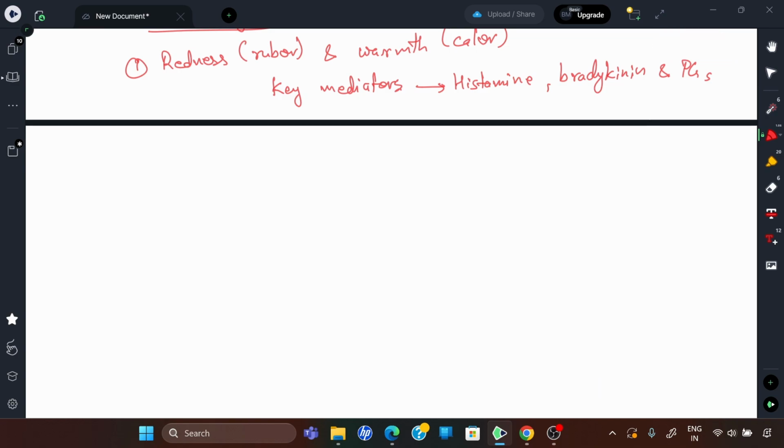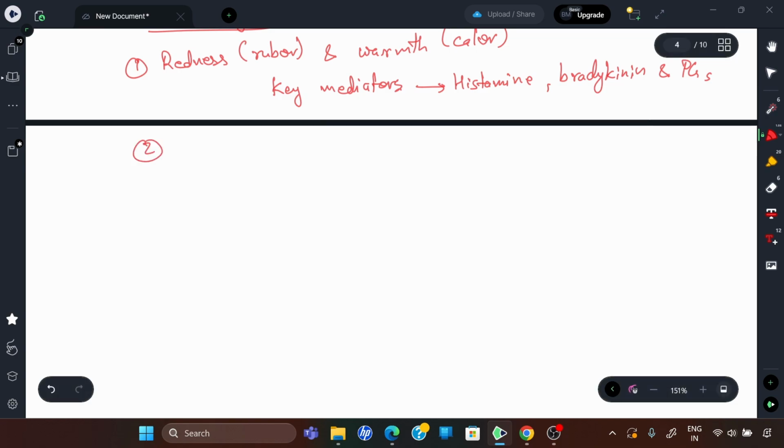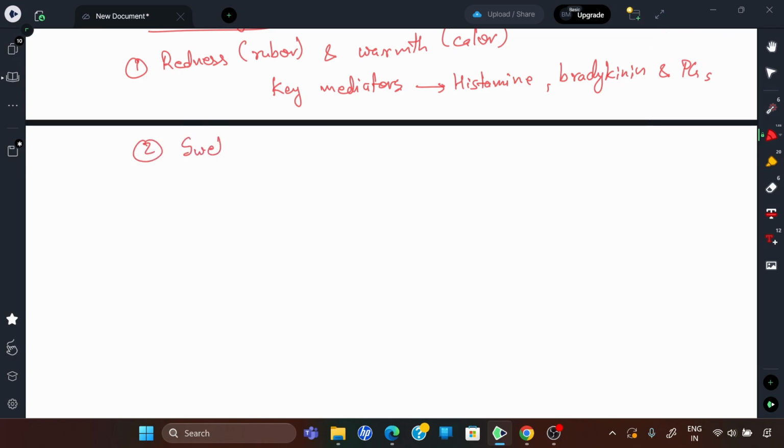Now moving to the second cardinal sign, that is swelling, also referred to as tumor. This is due to leakage of fluid. When the fluid leaks into the interstitial space and accumulates, it results in swelling, right? And what are the key mediators for swelling?